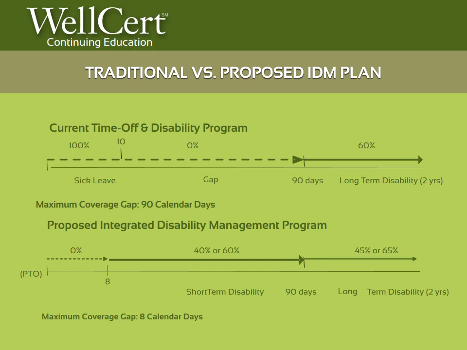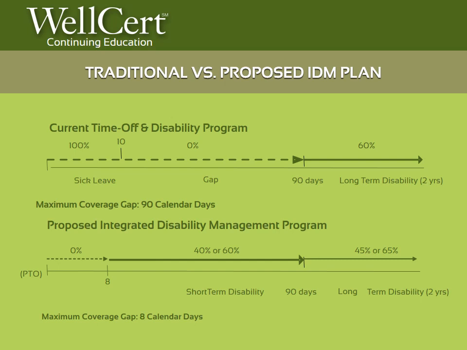Under the proposed IDM approach, you would essentially have the paid time off covering those days up to the 8, and then on from that 40 to 60%. And if you actually had the PTO time approach, whatever absence was due to a health-related issue would be covered in the use of your paid time off.